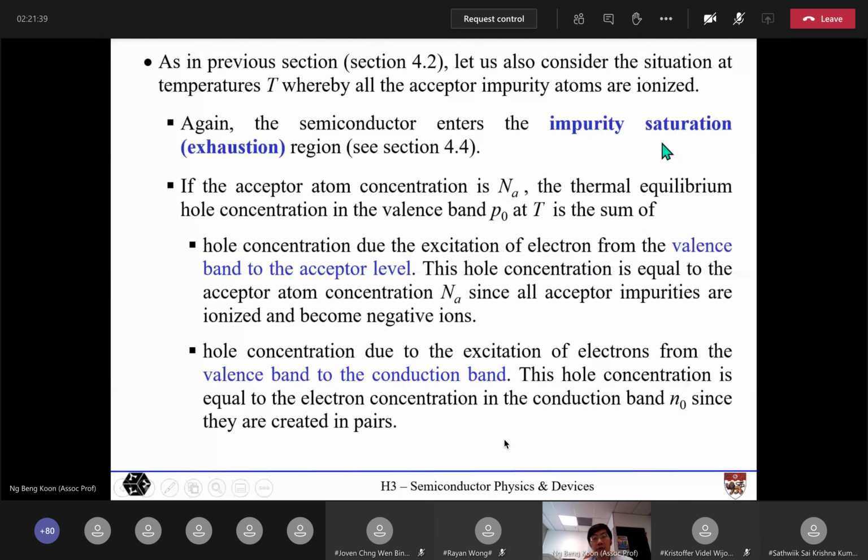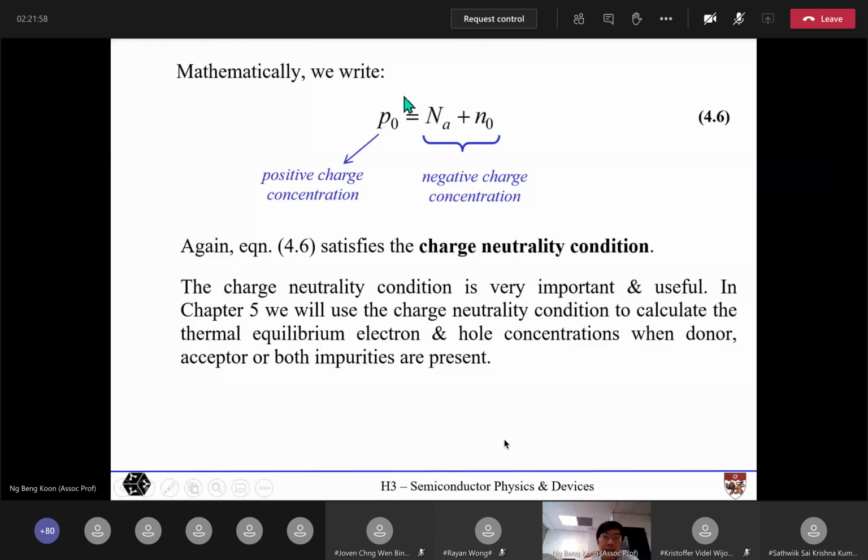Similarly, if you have all the boron atoms ionized, then we call this impurity saturation, where it's all ionized. The source of the holes comes from two parts, from the impurity atoms and the band-to-band transitions. Being the larger number now for the holes compared to the electrons, we call the holes the majority carrier in this case, and the electron now is a minority carrier.